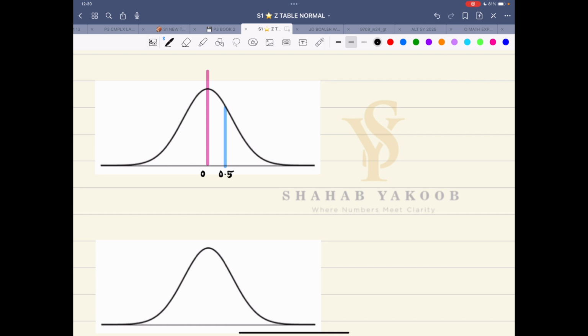And probability Z less than or equal to 0.5 means what is the probability that the Z value is less than 0.5, how much is that? So we are talking about this thing. This thing is 0.6915.